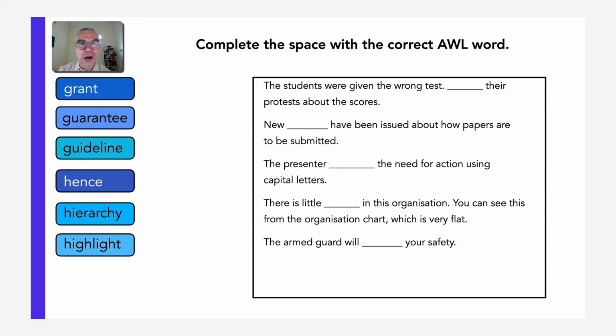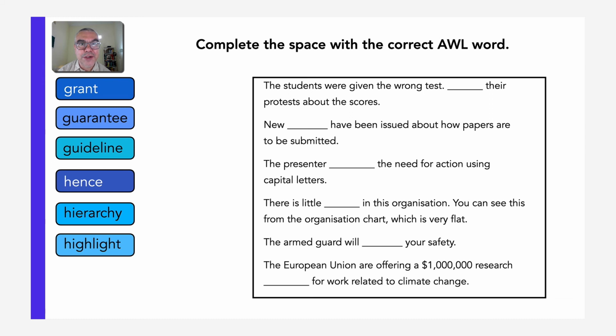The armed guard will blank your safety. And the last one, the European Union are offering a $1 million research blank for work related to climate change. Okay, think about the best word for the spaces, and next up we can see the answers.